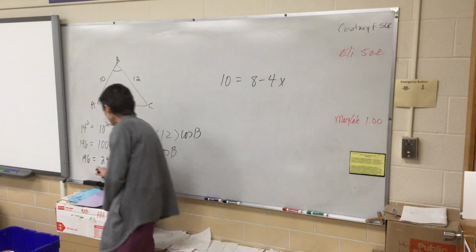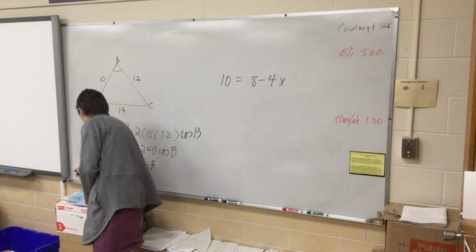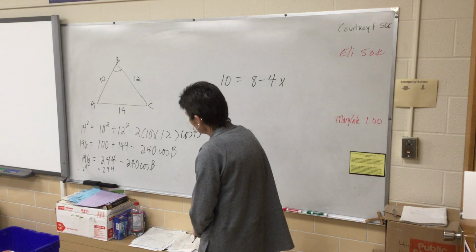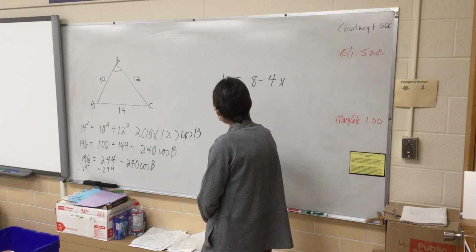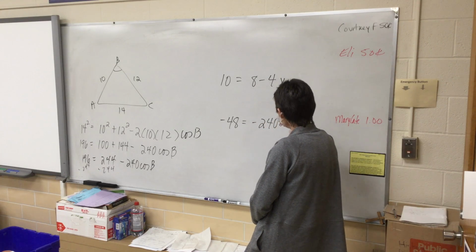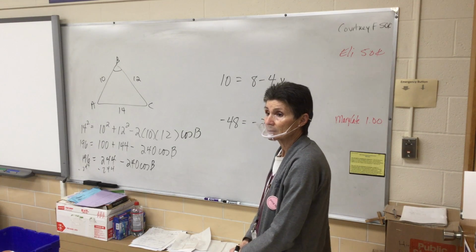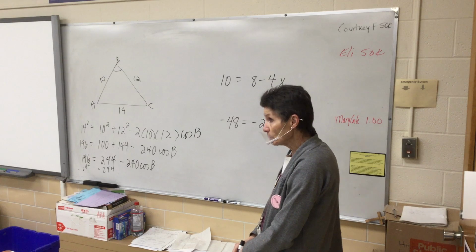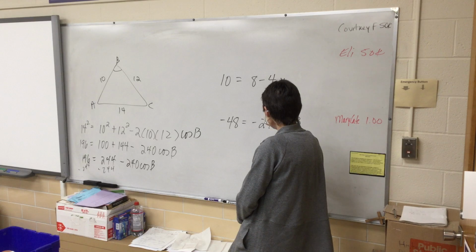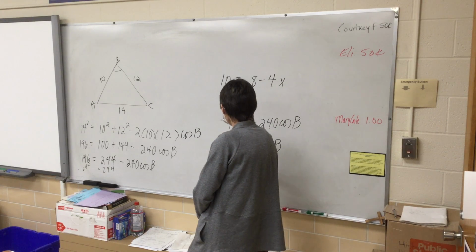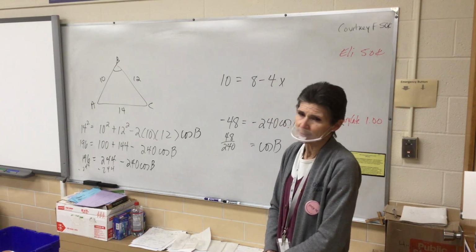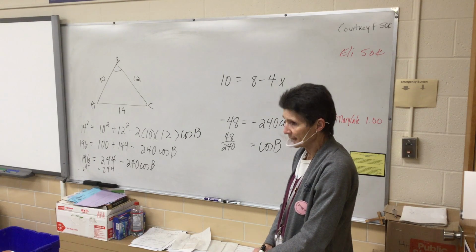So when I subtract 244 on both sides, I'm going to get, what over there? Negative 48 equal to negative 240 cosine B. This is right. And then what? Divide. I'm solving for cosine B. That's my variable, so I'm going to divide. Now, the negatives cancel, so I'm not even going to write them down. I have a negative over a negative.